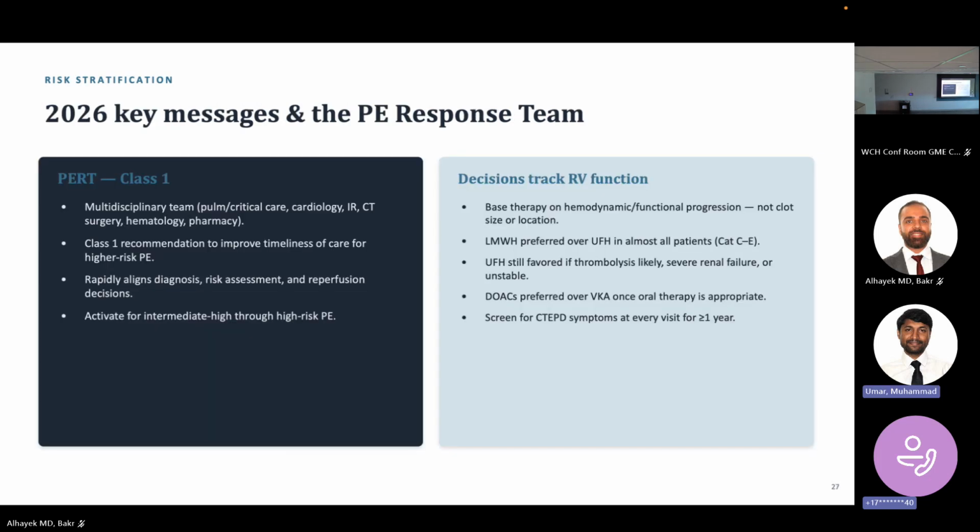All right, so what is PERT? PERT is just a fancy term that they say, okay, we have a patient who's really sick. He has a submassive or massive PE. We need all the consultants. We need vascular, we need pulmonary, we need cardiology, we need IR, we need CT surgery, we need critical care. So we need everyone. And this is a class 1 recommendation from the American guidelines.